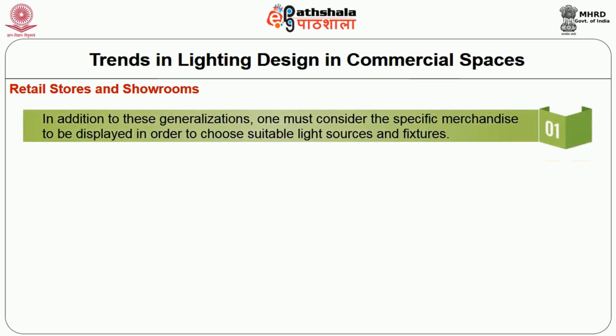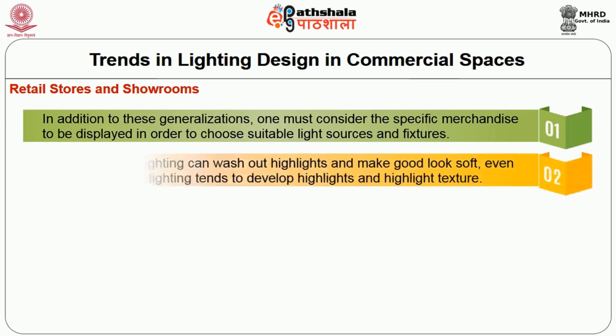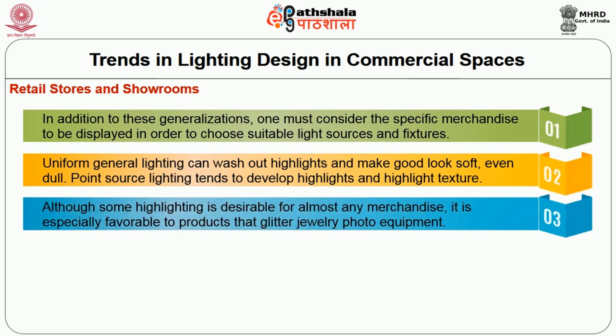In addition to these generalizations, one must consider the specific merchandise to be displayed in order to choose suitable light sources and fixtures. Uniform general lighting can wash out highlights and make a good soft, even dull. Point source lighting tends to develop highlights and highlight texture. Although some highlighting is desirable for almost any merchandise, it is especially favorable to products that glitter.